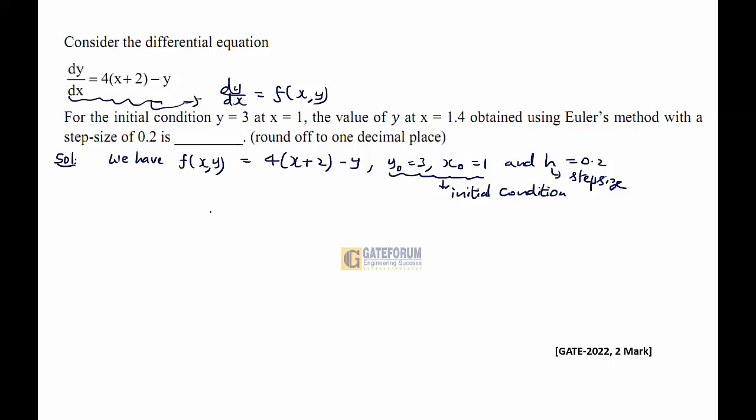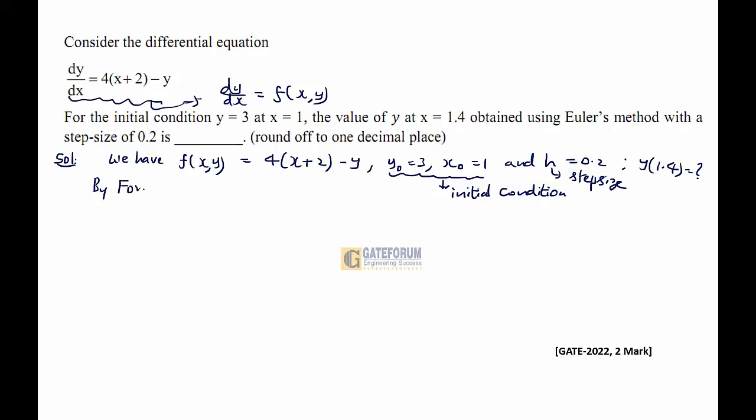Now, using Euler's method, we are going to find the y value at x is equal to 1.4. That is y of 1.4 is equal to question mark. By Euler's method, there are forward, backward, and modified. When the method is not mentioned, we usually take forward only.